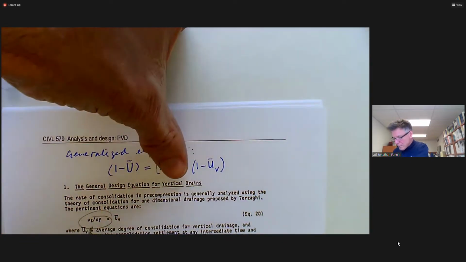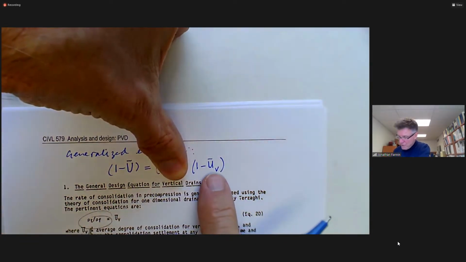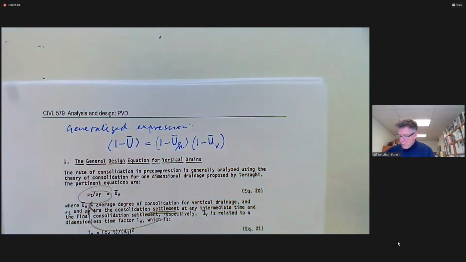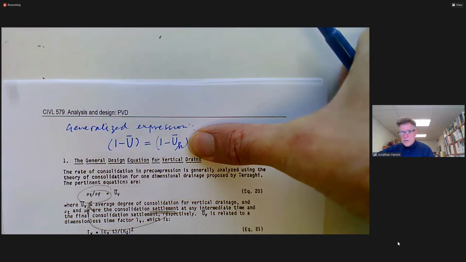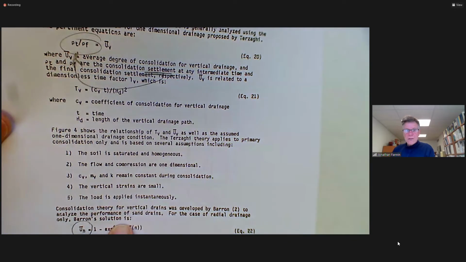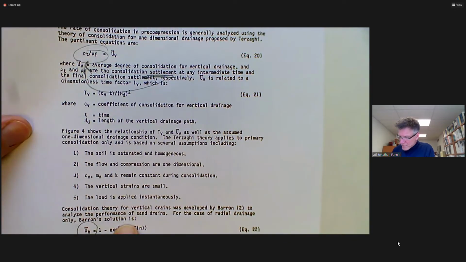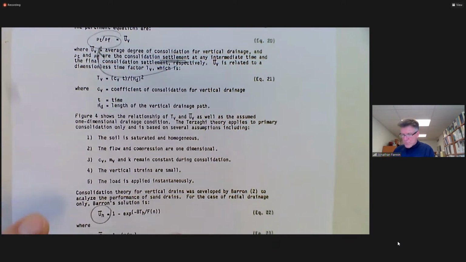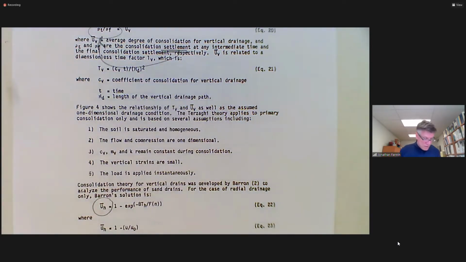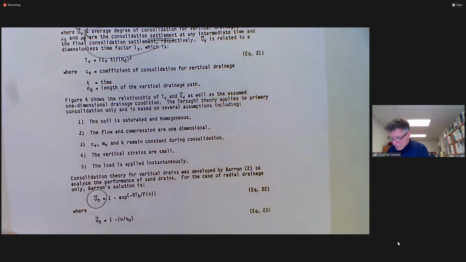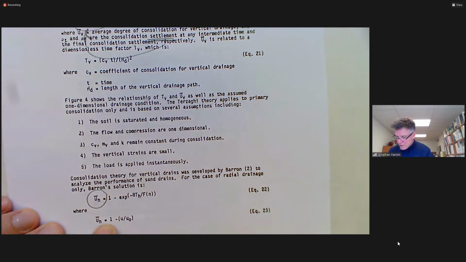We can ignore the horizontal and only consider vertical consolidation. That's what Terzaghi is doing here. We can ignore the vertical and only look at horizontal, and that's what Barron is doing in his solution. We can express the degree of consolidation either in terms of settlement, or with regard to excess pore pressures. We could indeed do it also with regard to changes in void ratio and or changes in effective stress. There's a number of ways we can define the degree of consolidation.